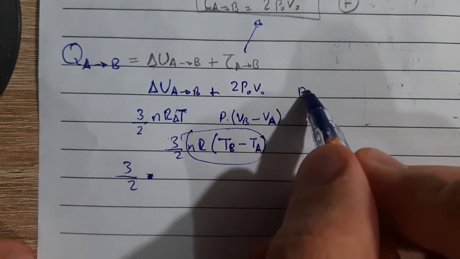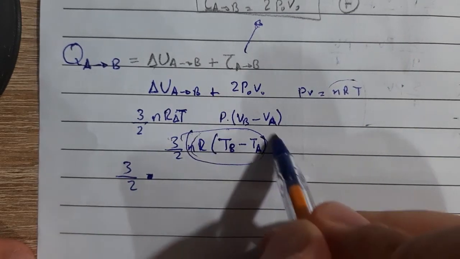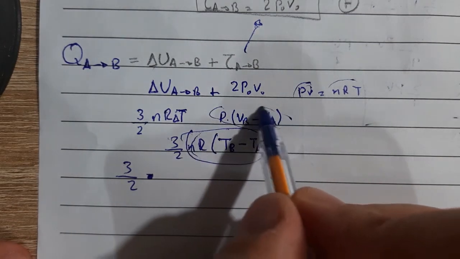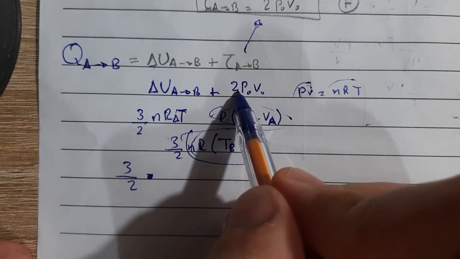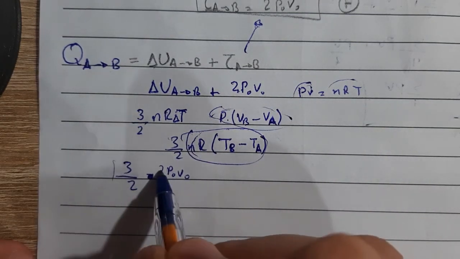Because PV is equal to nRT, so I'm taking the part nRT and putting PV, and this PV we did calculate, it is 2P0V0, okay?